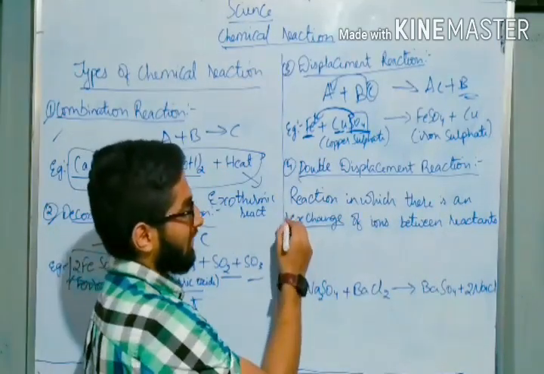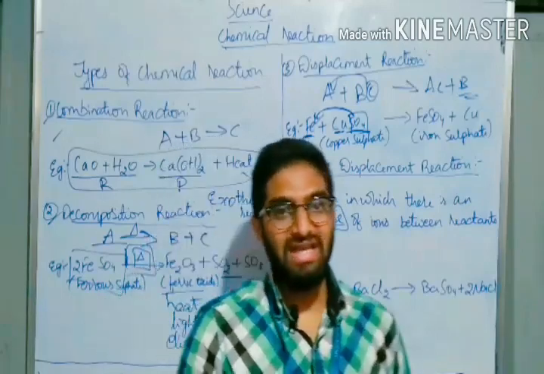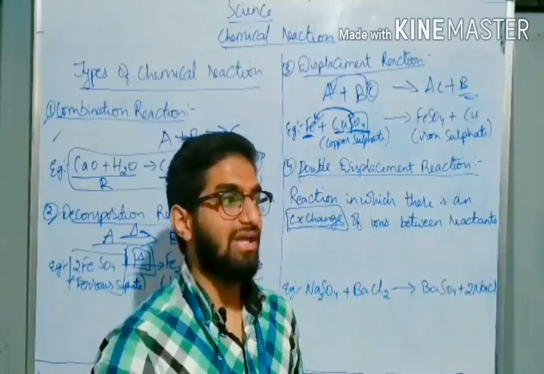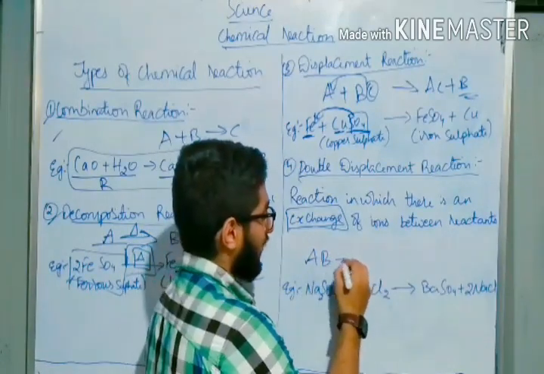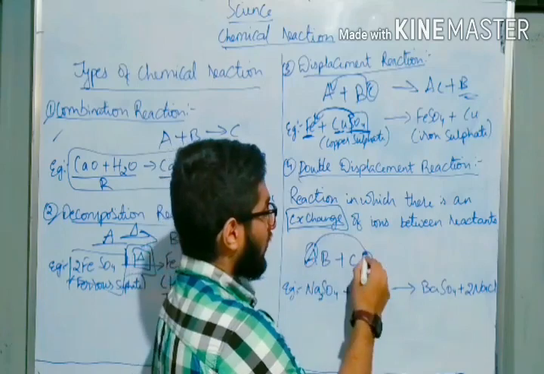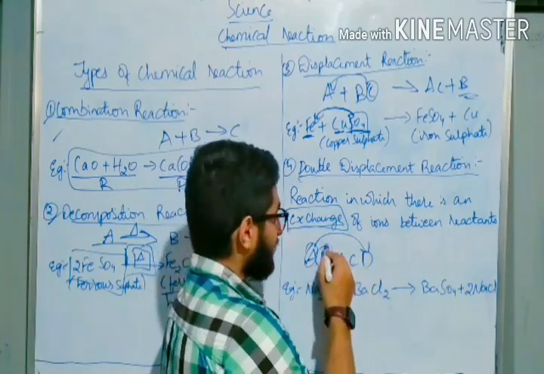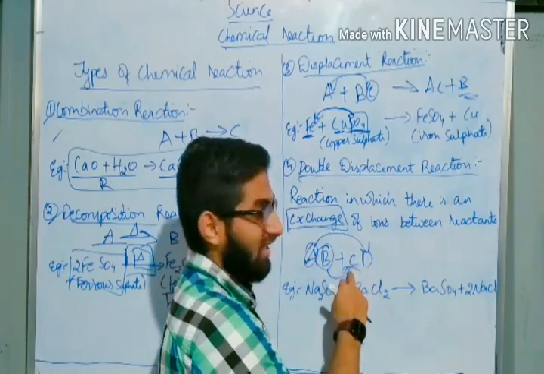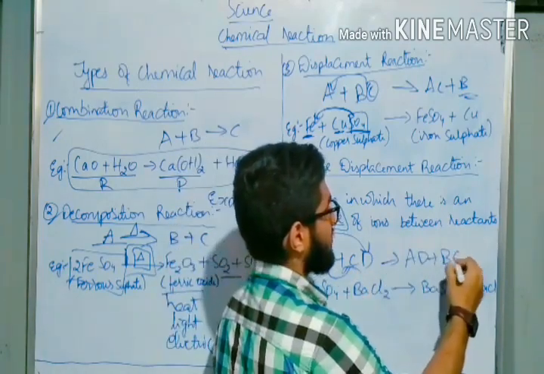So what do you mean by this exchange? It's a 1-to-1 exchange. Here, if I have AB and CD, this A will take D and this B will attach with C, and you will get AD and BC.